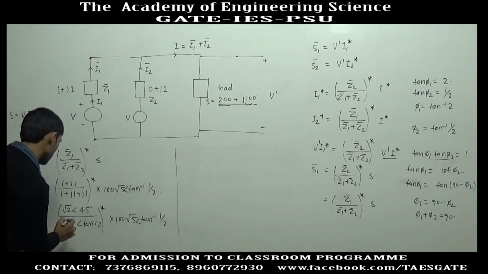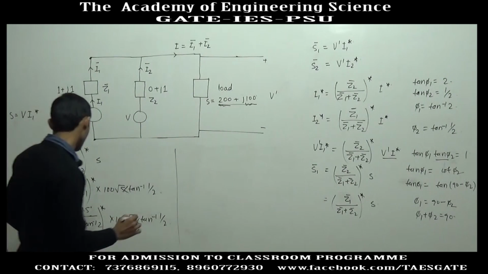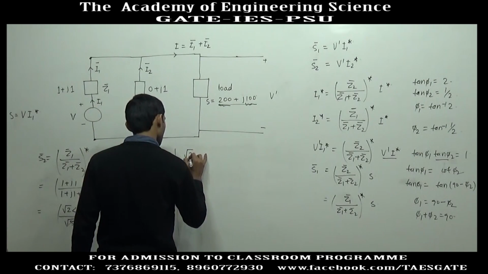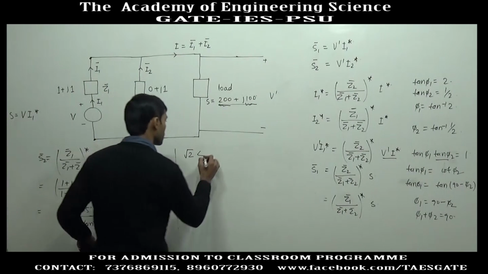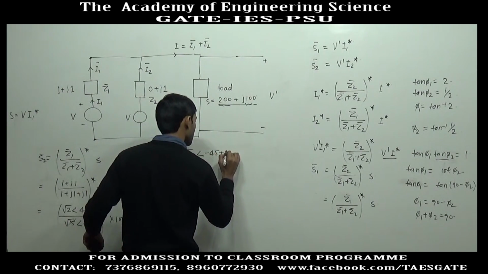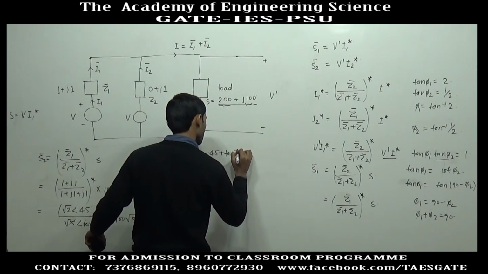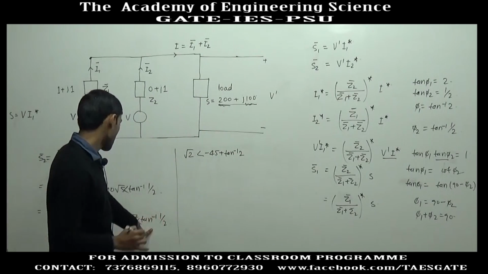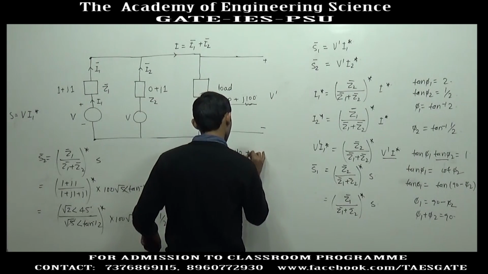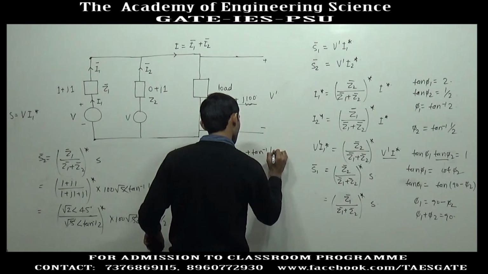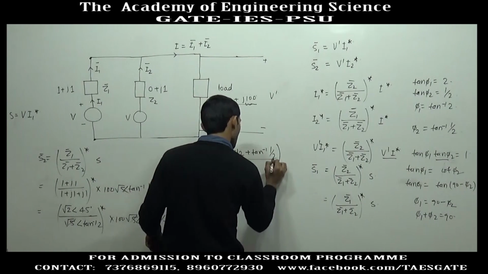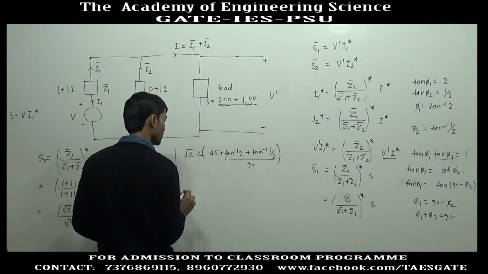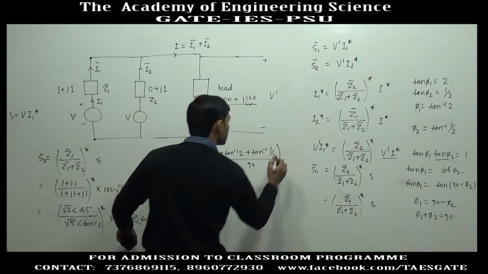So, root 5 will again be cancelled out. This is root 2 angle 45, which will become negative, and this will become positive. So, minus 45 plus tan inverse 2 plus tan inverse 1 by 2, this is the angle. This will again contribute 90 degrees, and 100 is also there.